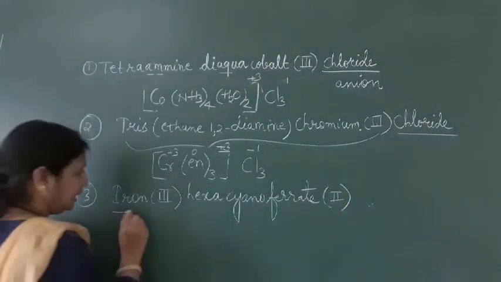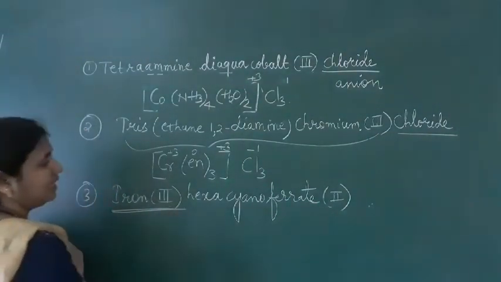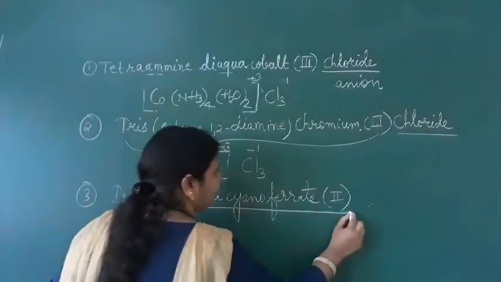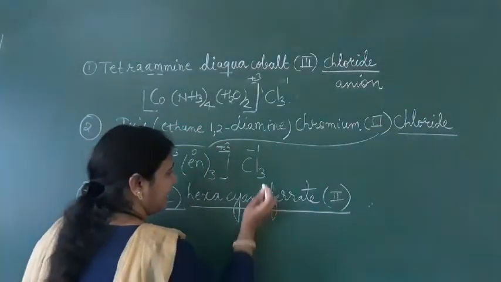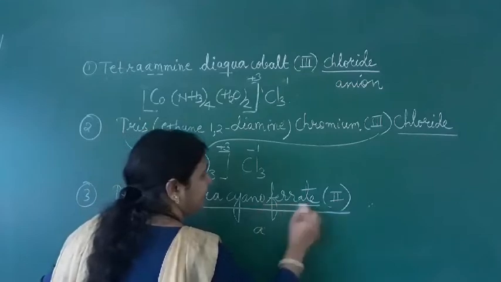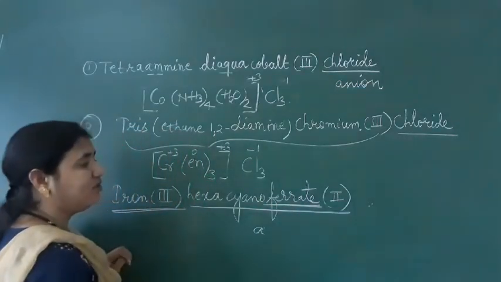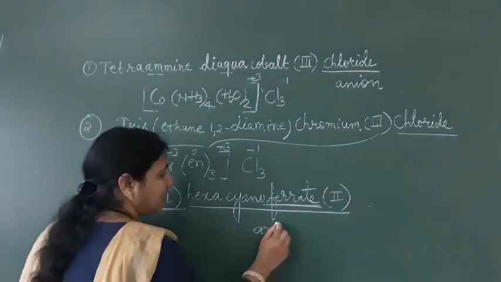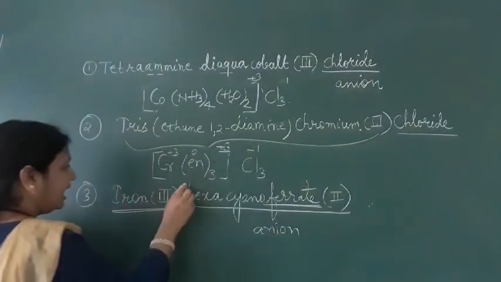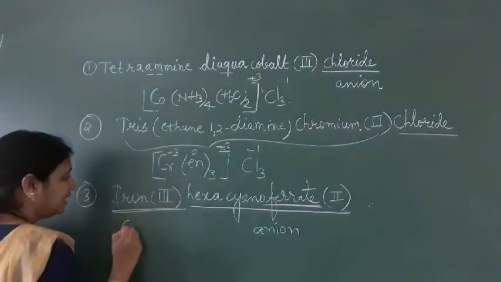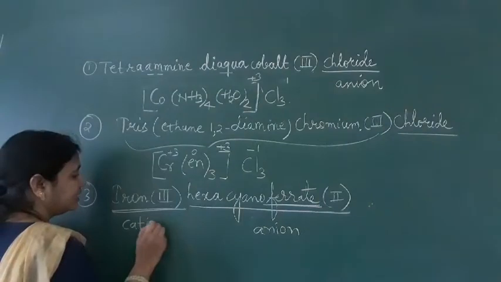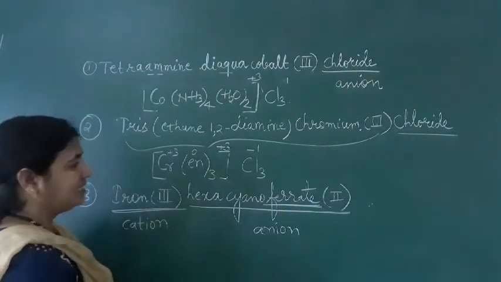Same here, the third one, see here, iron 3 hexacyanoferrate. So iron 3, this is a simple cation. This hexacyanoferrate, it is anion. Ferrate given. Ferrate means we will use for what? Anionic complexes. So this whole it is anion, and iron 3 is cation. Simple cation it is, anionic complex it is.